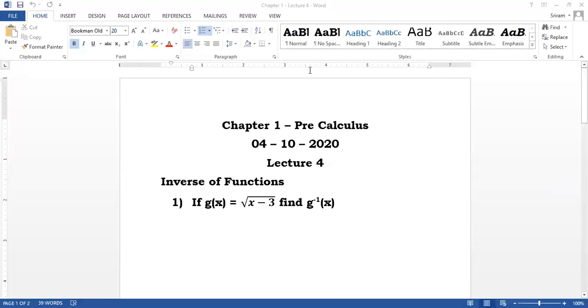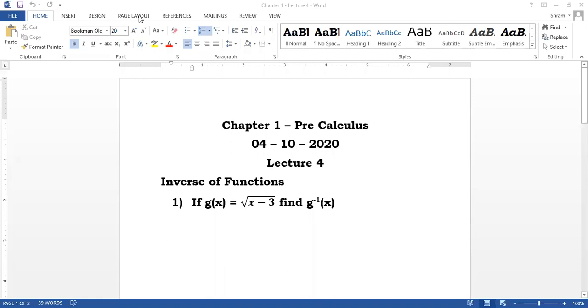Now in this, we are going to discuss the inverse of a function.